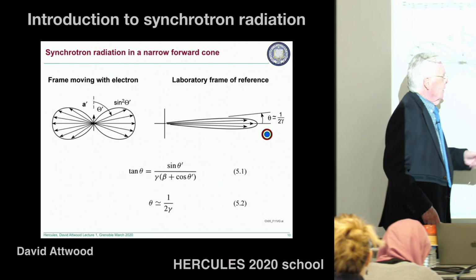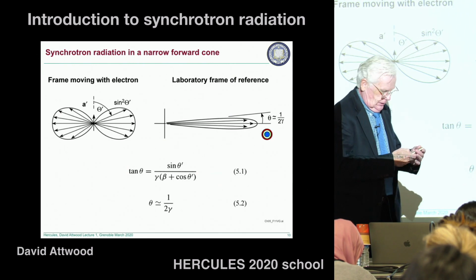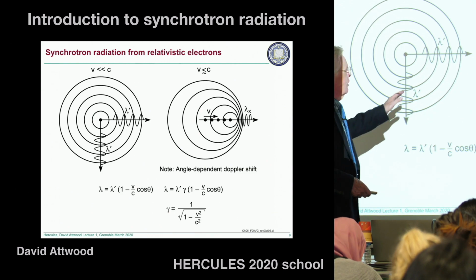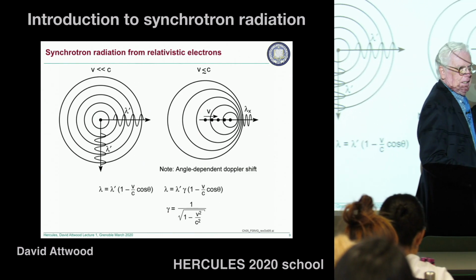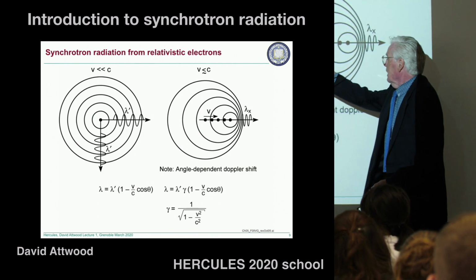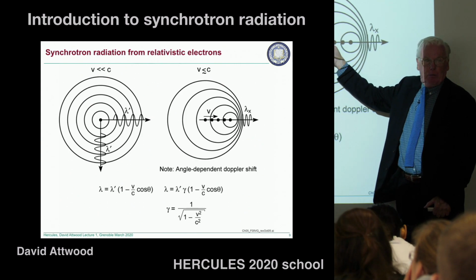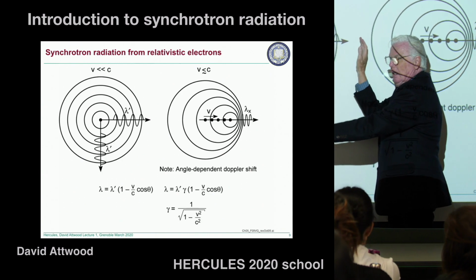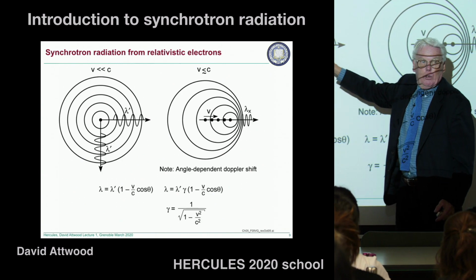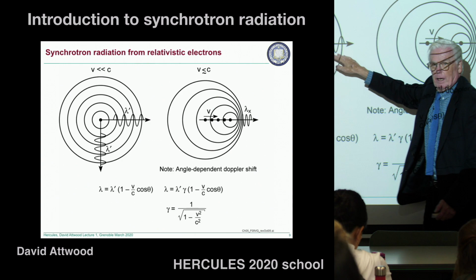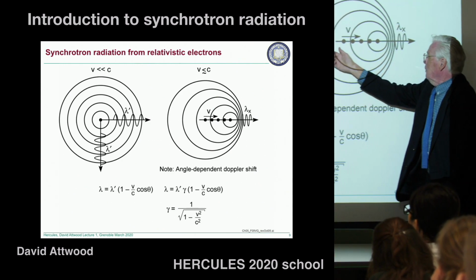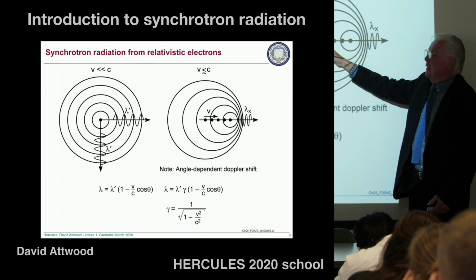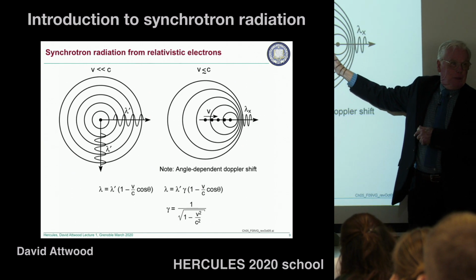So this diagram doesn't quite capture it. Here the electron is oscillating in and out of the board, just like here. It's radiating spherical waves which are moving away; the peaks are moving away at the speed of light. But the electron is almost going at the speed of light.